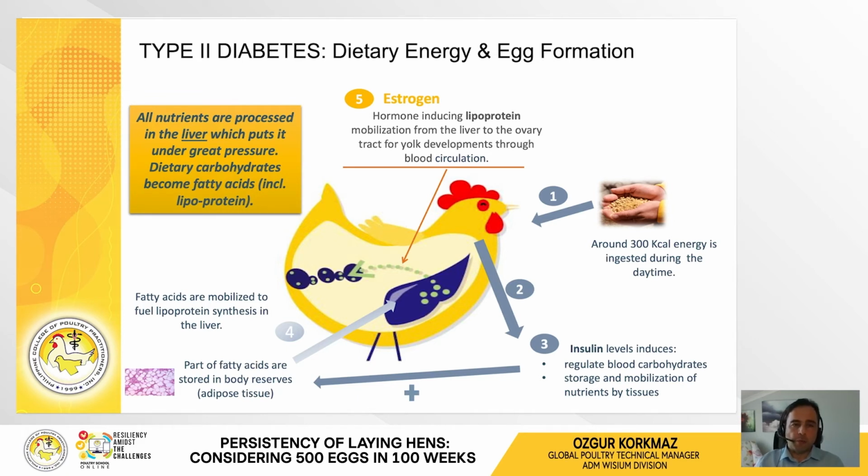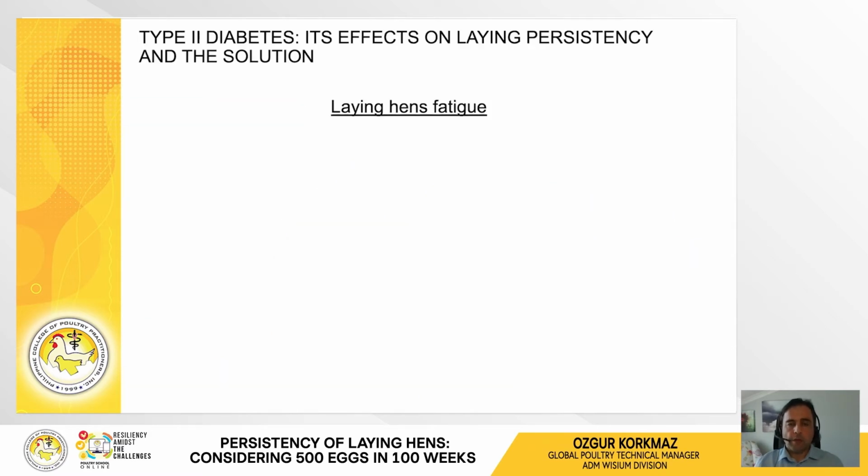All this process happens in the liver, and carbohydrates from the diet have to become fatty acids, including lipoprotein. It is very difficult if the formulation has too many carbohydrates, and the liver has to work to convert carbohydrates to fatty acids. The liver is tired during this process, especially over a longer production period.